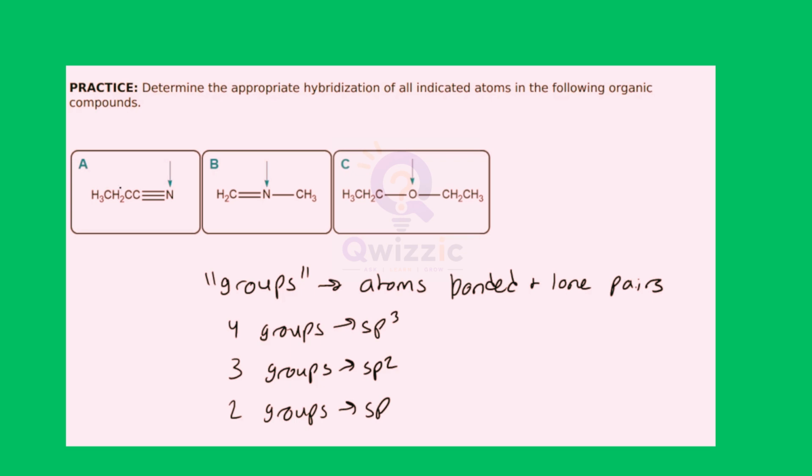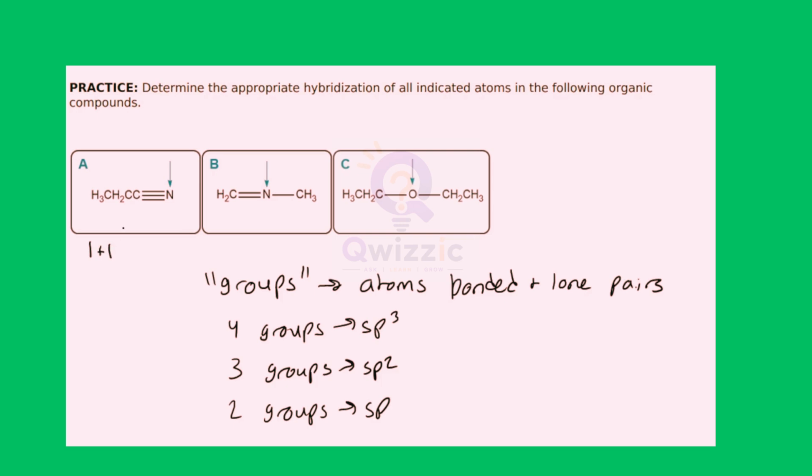So molecule A is a nitrile, and the atom that's being indicated is the nitrogen atom at the very end of the chain. So now let's go ahead and consider how many groups we have associated to this nitrogen, right? Because this nitrogen is part of a nitrile group, that means that it's triple bonded to a carbon. So this nitrogen has just one carbon atom bonded to it, and in addition, it has one lone pair.